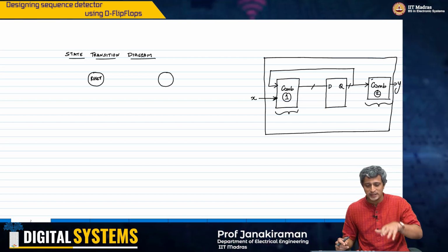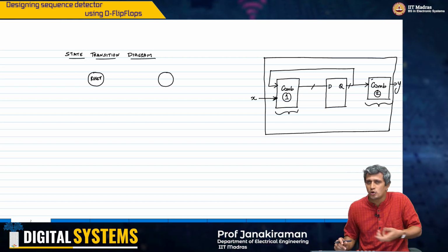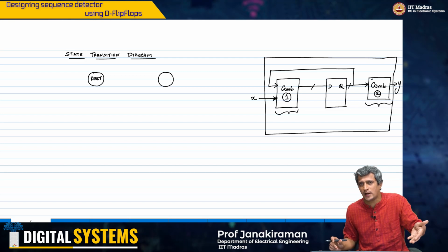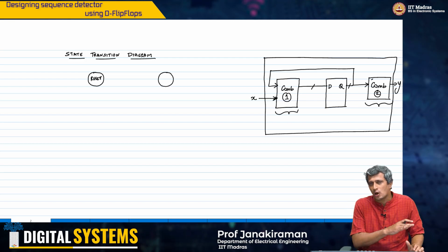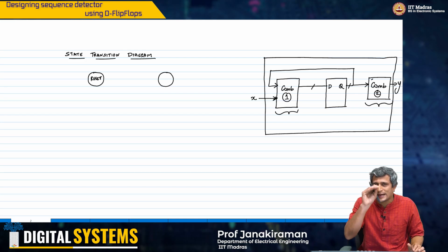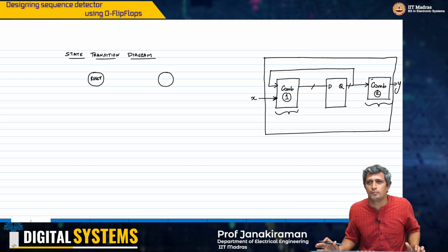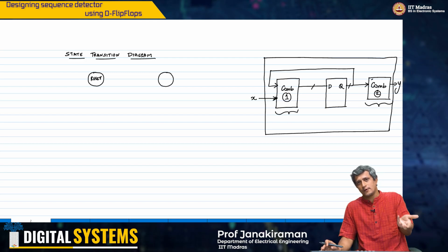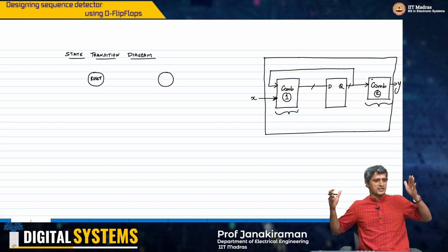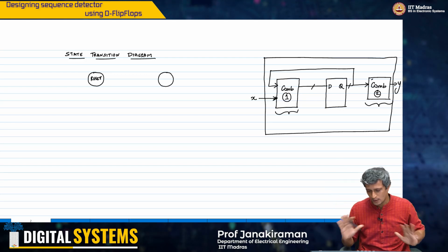That's why these states can be given any names, and then you have to translate them to some binary values. But these are all hidden states and we don't care about the exact state transitions and how we implement, whether we are using a D flip-flop or JK flip-flop, all that doesn't matter. As far as the user is concerned, we are just seeing X and Y.